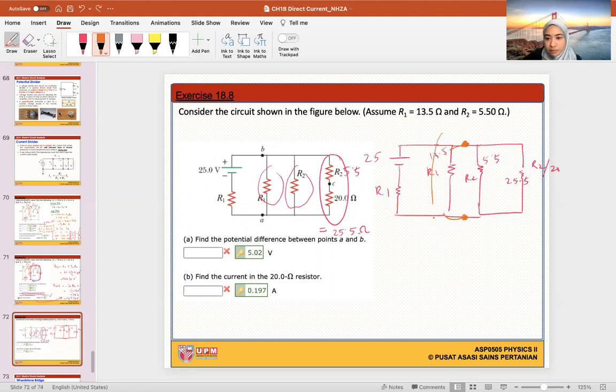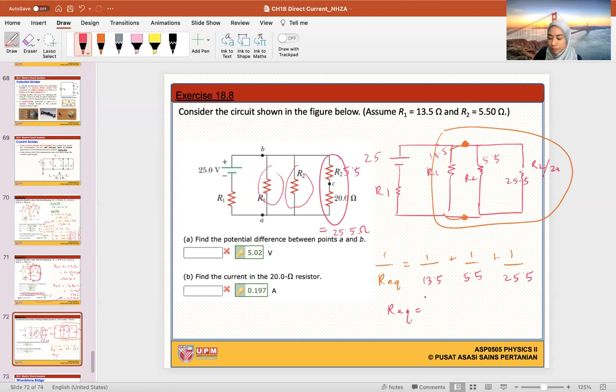So now I'm going to simplify these three. Okay, so 1 over R equivalent is equal to 1 over R1 plus 1 over R2 plus 1 over R2 plus 20, which is 25.5. So now I'm going to substitute. So R1 is 13.5, R2 is 5.5, R2 plus 20 is 25.5. So R equivalent is, can someone please check what's the answer while I redraw this?